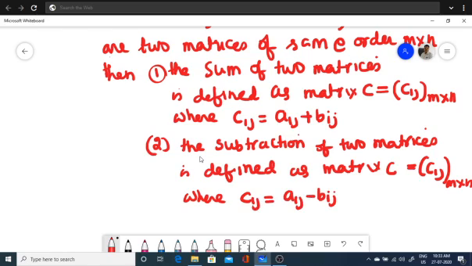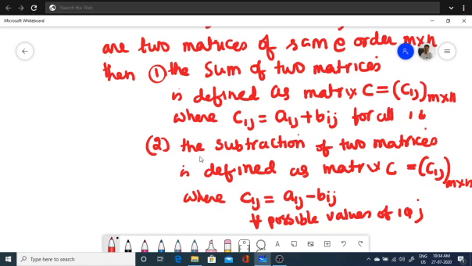So that we denote that Aij is an element that lies in the ith row and the jth column. So this is for all possible values of i and j. So this is how we can define the addition of matrices and subtraction of two matrices.